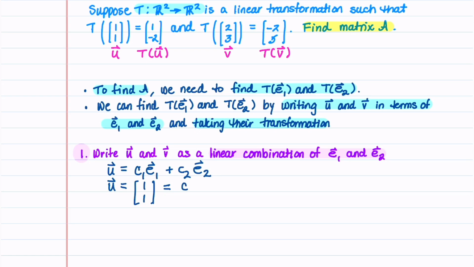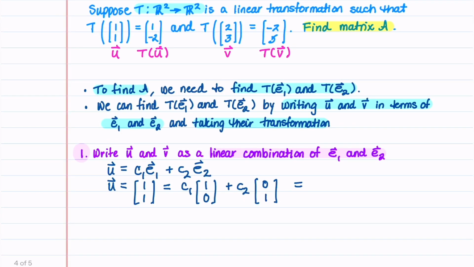And we're going to write this as C1 times our E1, which is 1, 0, plus C2 times our E2, which is 0, 1. You can see by inspection that this is just going to be equal to 1, 0 plus 0, 1. And C1 and C2 are both equal to 1.